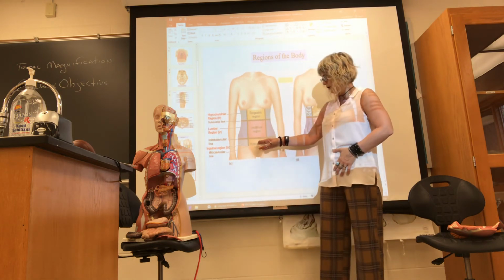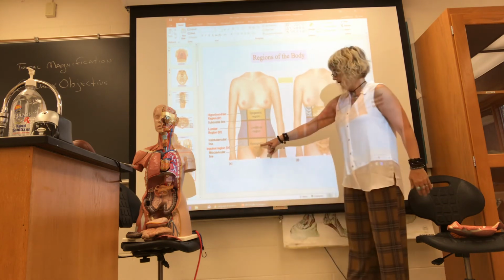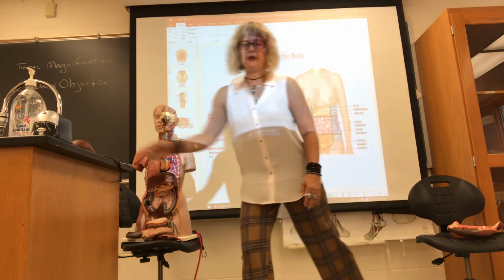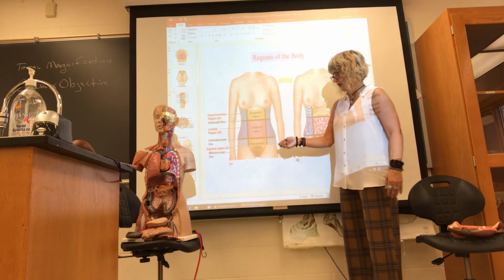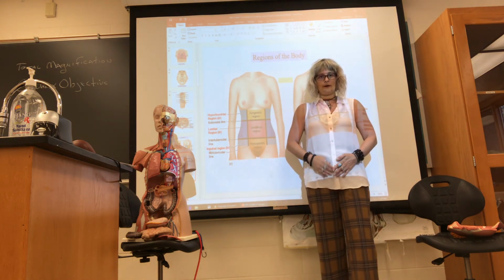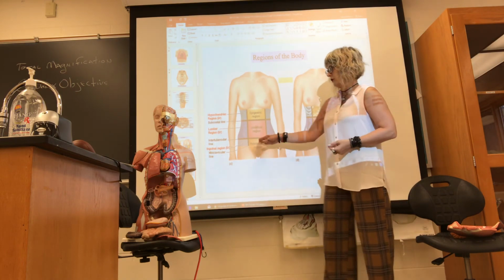But in anatomical terms, everything below that umbilicus is called the hypogastric region. So the hypogastric region is going to contain the urogenital organ system, so the urinary system and the reproductive system internally.